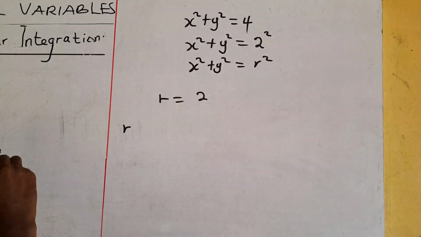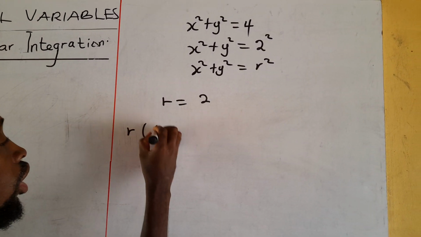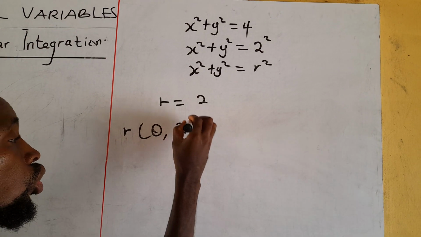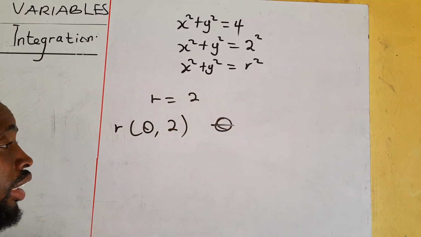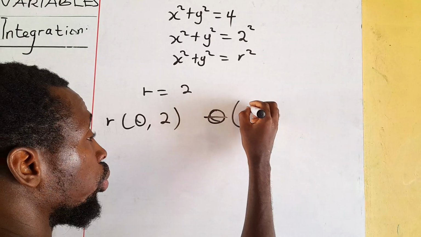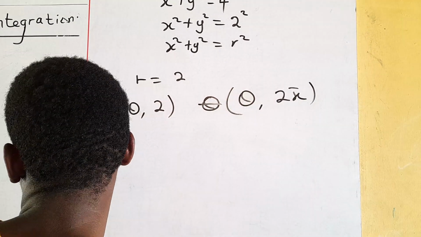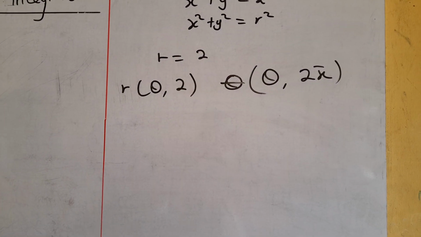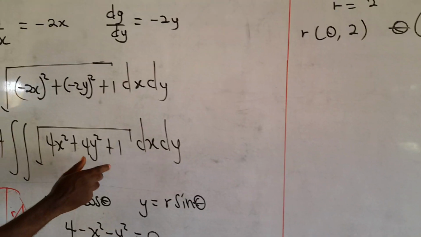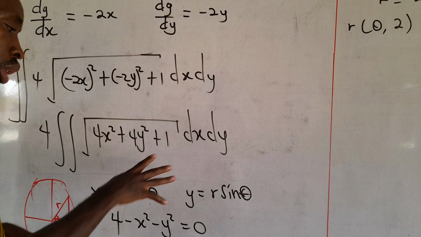And we can say the limit of the radius of the circle goes from 0 to 2. And remember, since theta is a complete circle, it will be from 0 to 2 pi, if you recall very well.